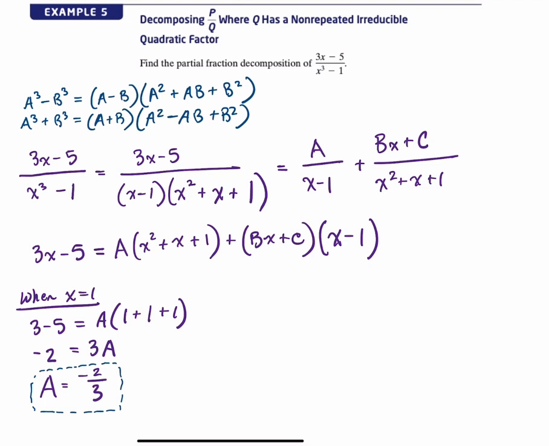Then let's see, is there something else we can do? If we plug in 0 for x, that would delete the B term. And we do have a value of A that we can plug in. So if we plug both of those in, we should be able to solve for C. So let's say when x equals 0 and A equals negative 2/3, let's see what we get.